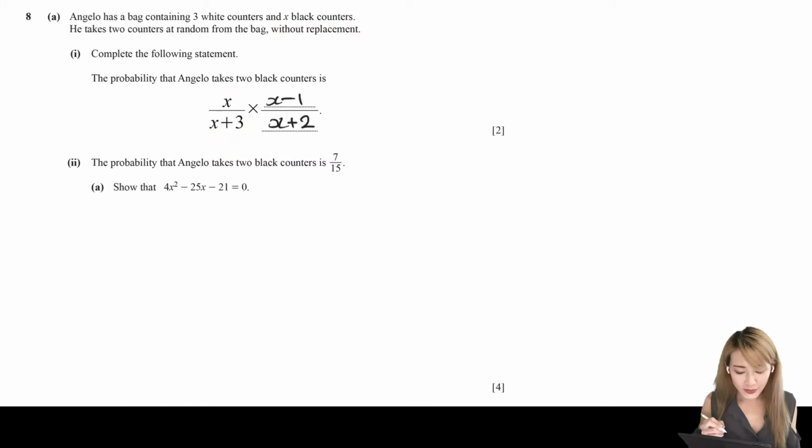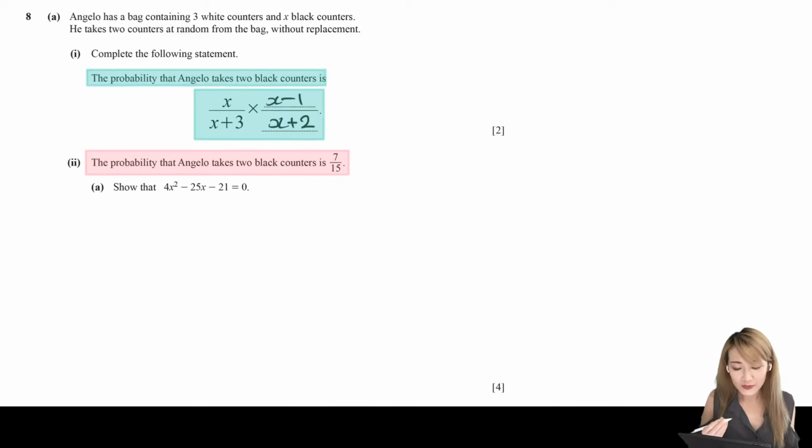2. The probability that Angelo takes 2 black counters is 7 over 15. Show that 4x squared minus 25x minus 21 equals 0. So using the information that was just given, the probability of taking 2 black counters is 7 over 15. And we also have an expression representing that value from part 1.